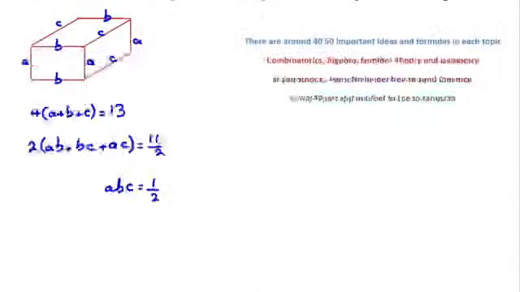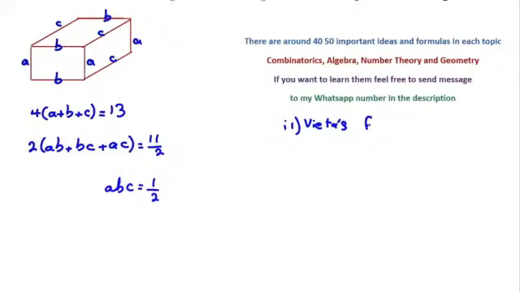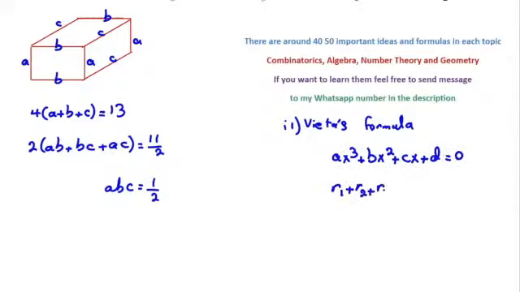Okay. So first we want to find abc, and for this one we should use the idea I had told you before the exam, Vieta's formula. If we have, for example, ax cubed plus bx squared plus cx plus d equals 0, and the roots are r1, r2, r3, then r1 plus r2 plus r3 is negative b over a. And the proof is not hard.